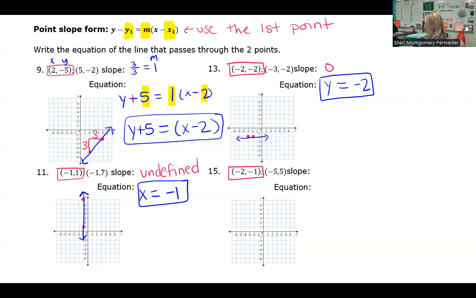Can I get a volunteer to make my line? Beautiful. Can I get a volunteer to show me the slope?